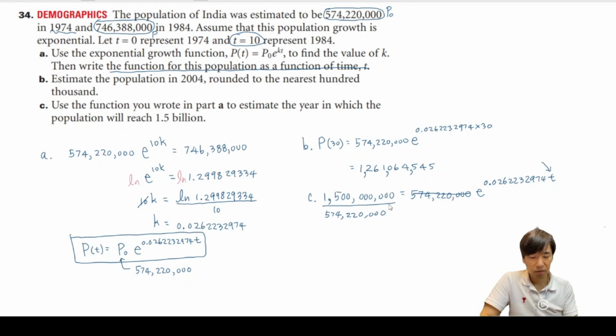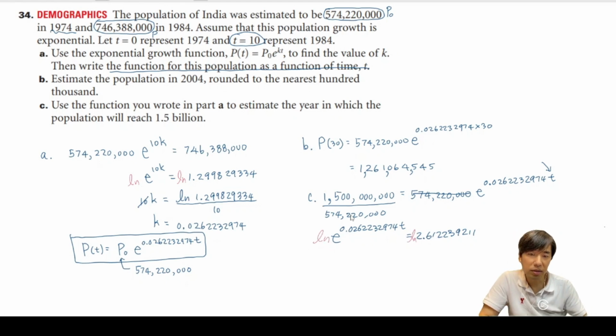And this becomes 1,500,000 over 574,220. The last zeros are not needed. So e to the power of 0.0262232974 t is equal to 2.612239211. So here you can apply natural log on both sides.